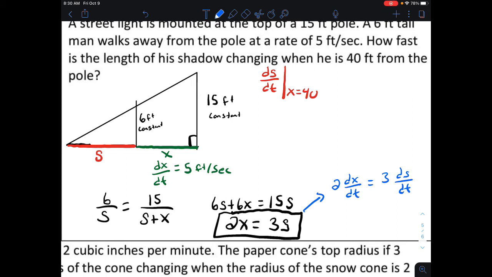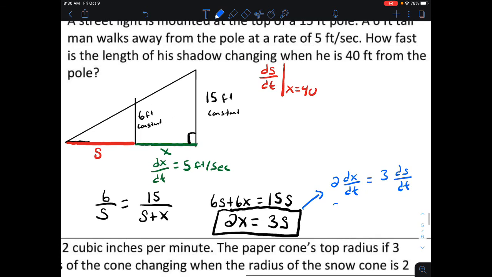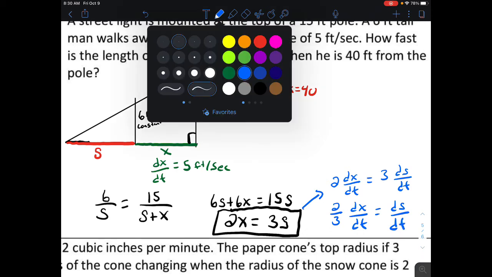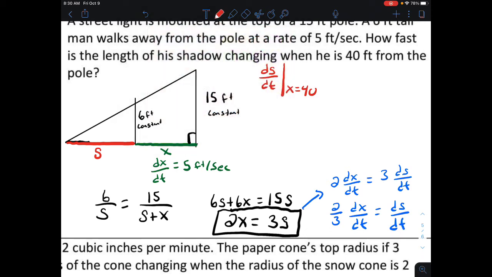Now that we can see everything that we have, our end game here is to find ds over dt, so I divide by 3. And so 2/3 times dx over dt is equal to the rate of change of my shadow length with respect to time. So now we can plug in our stuff.